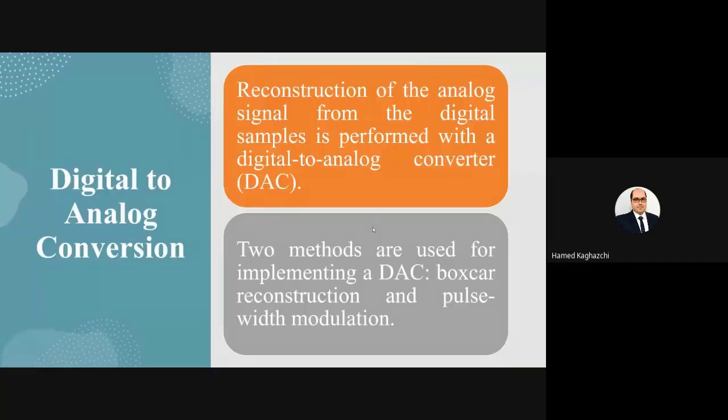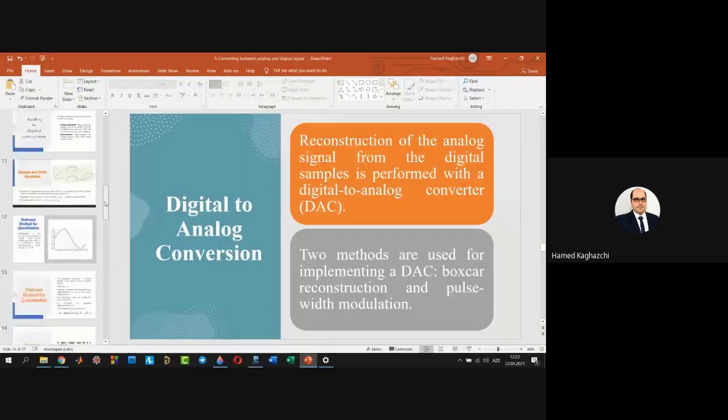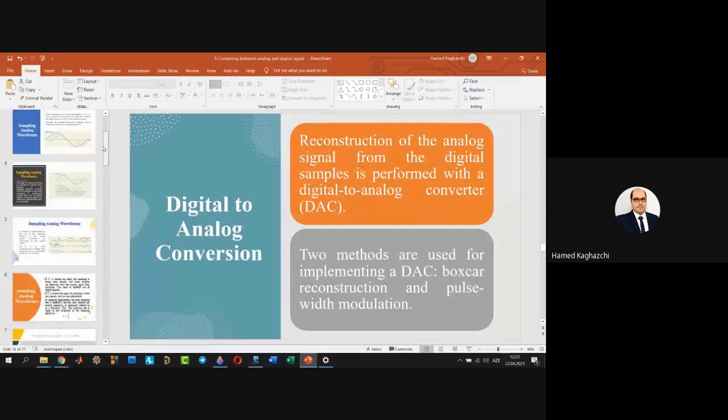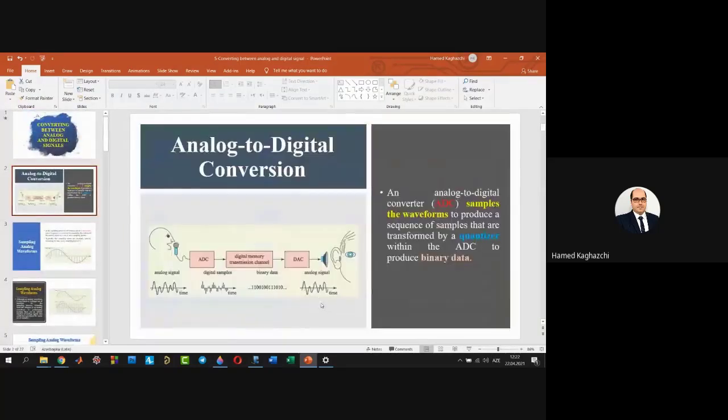Okay, now today I would like to talk about digital to analog conversion. If you remember, we said that in the block diagram of each system, for example, the block diagram of a smartphone, we have an analog to digital converter at the beginning.